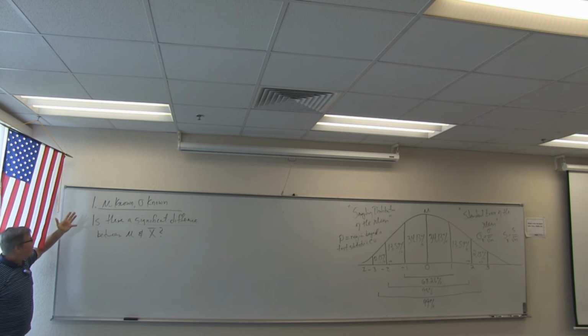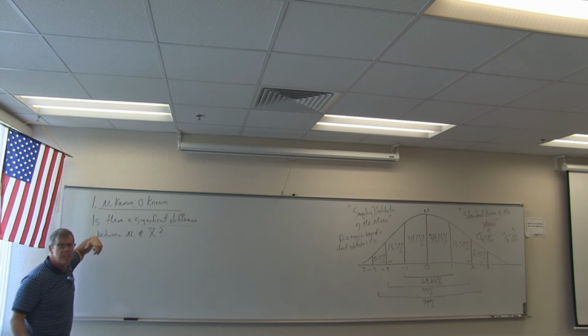The null would state there's no significant difference between the population mean and the sample mean. The alternative would state there is a significant difference between the population mean and the sample mean.